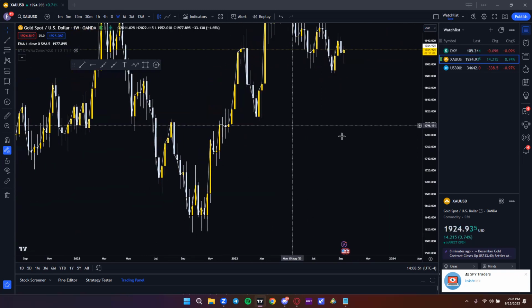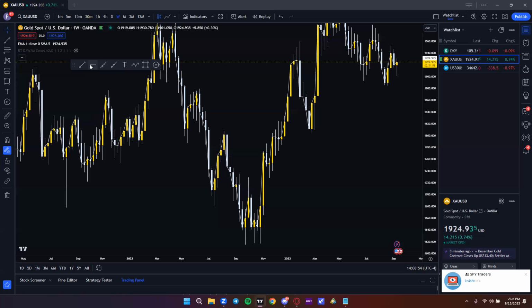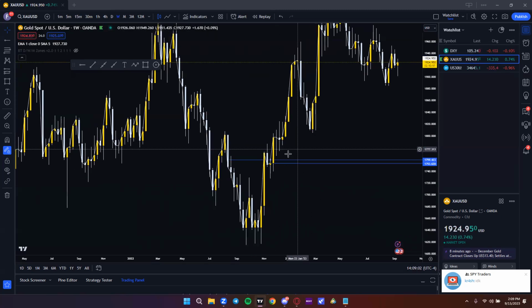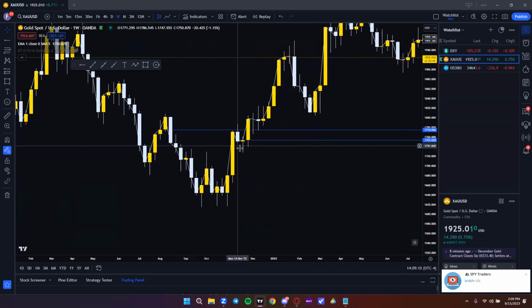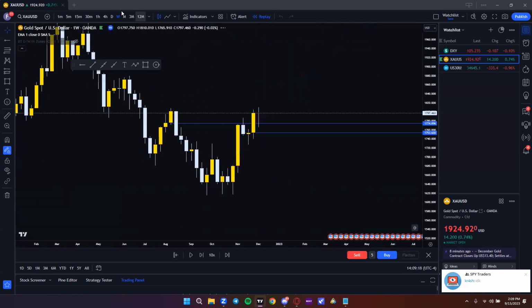So like this, right? You have a breakout level here, and then you have source level here. What happened? Price broke out and tested your breakout level. So that's daily.